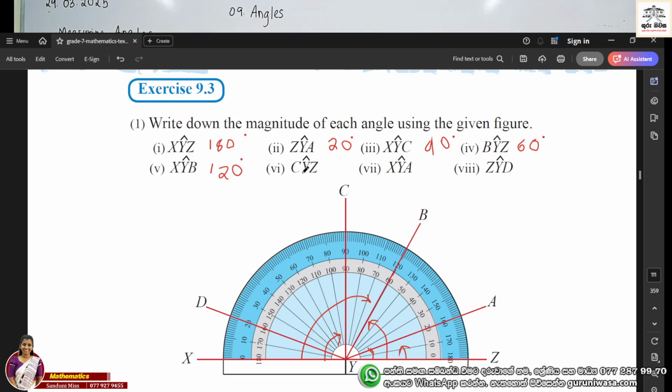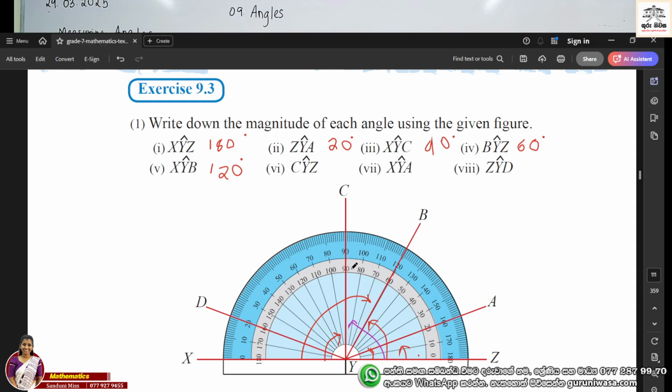Right. CYZ. CYZ is which angle now? All the angles are together. CYZ is this angle. So we are going from this side.